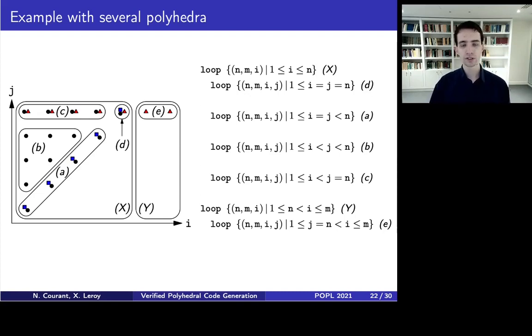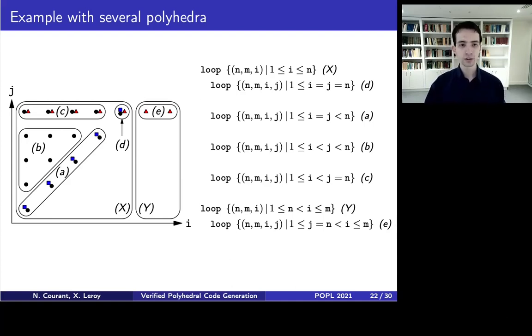For instance, we've got the A polyhedron with blue squares and black points, the B polyhedron with black points, the C polyhedron with black points and red triangles, etc. There are a few dependencies that must be respected as well.